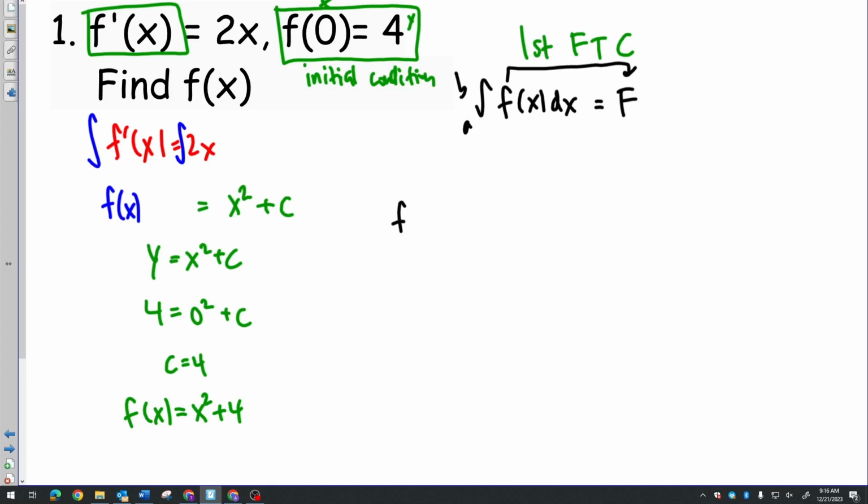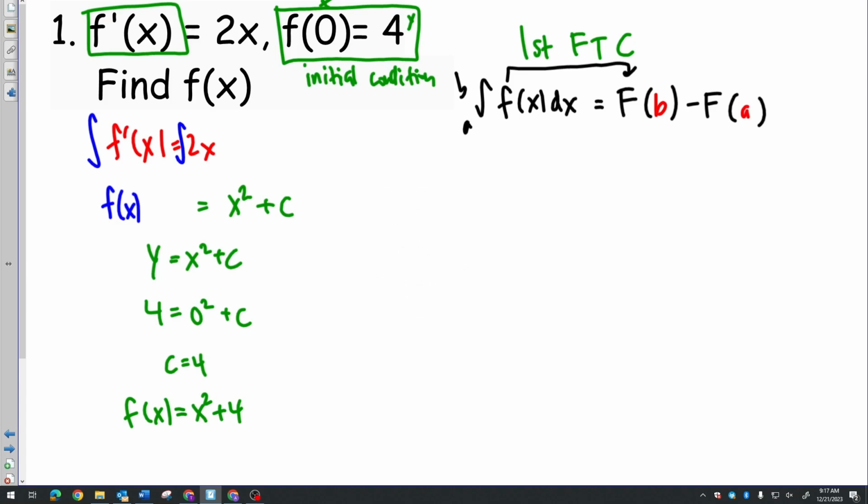Remember, f prime, f double prime, that's taking the derivative. But the antiderivative of little f is often denoted by capital F. So that's why this capital F goes here. And then the b, which is on top, goes in the first blank. The a, which is on bottom, goes in the second blank.